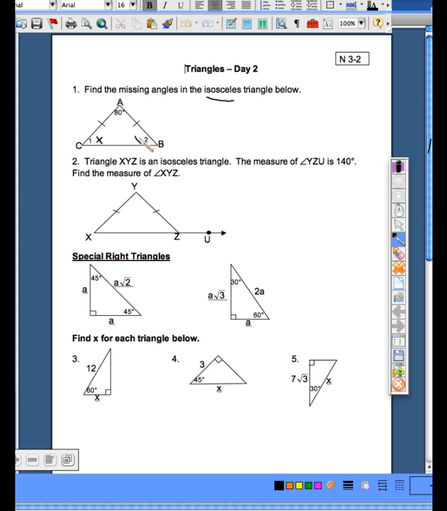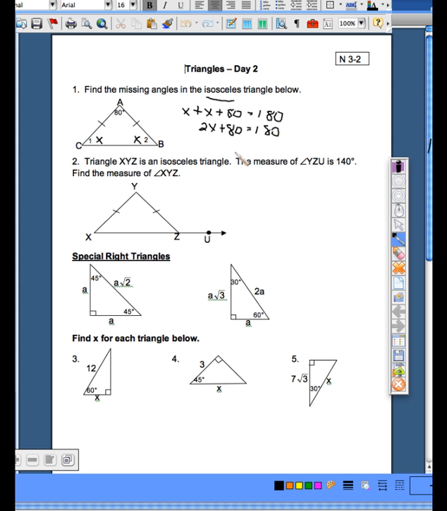So we could just label both of those x, and then knowing that the angles of a triangle have to be 180, we would have x plus x plus 80 is equal to 180, or 2x plus 80 is equal to 180.